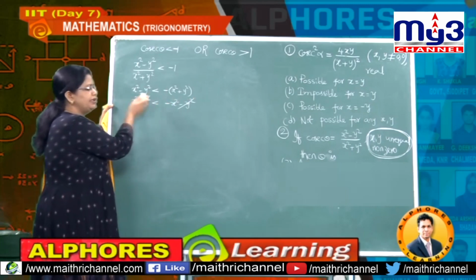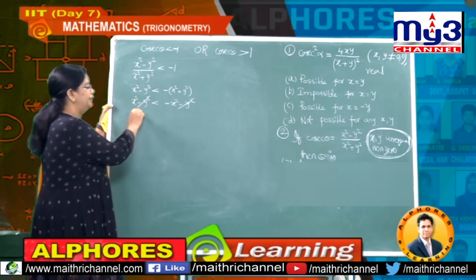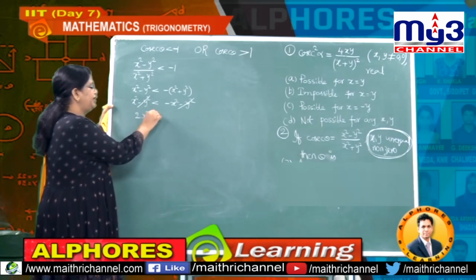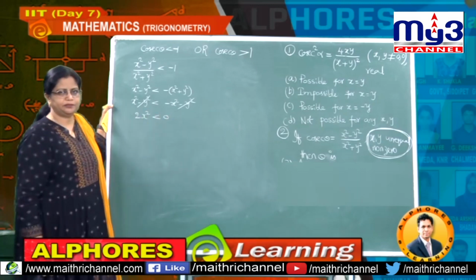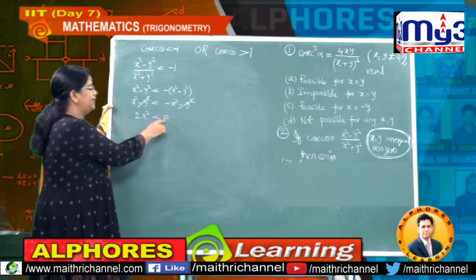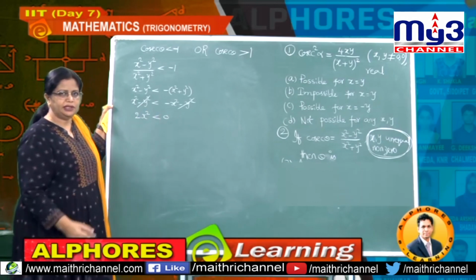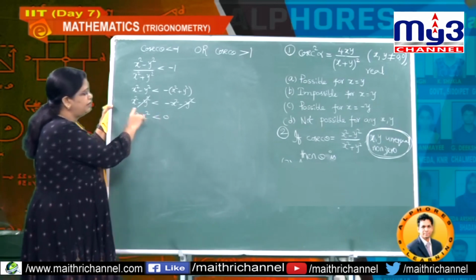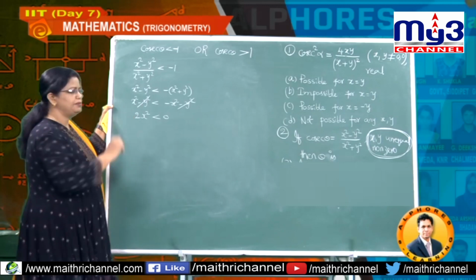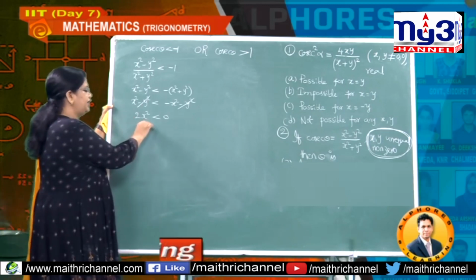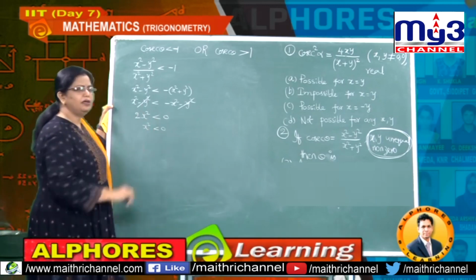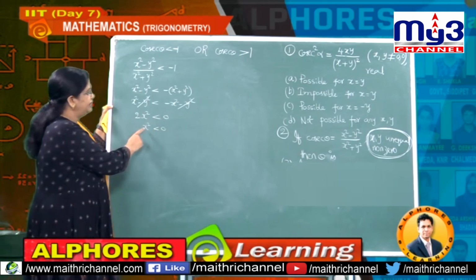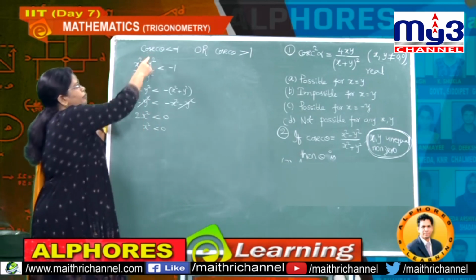Then take this minus x square towards this side. What is that? 2x square less than 0. Okay. So x square less than 0, that is not at all real because an even power is always positive. 2 is a positive value, so you got x square less than 0, which is not real. Okay. That is why this is not possible.